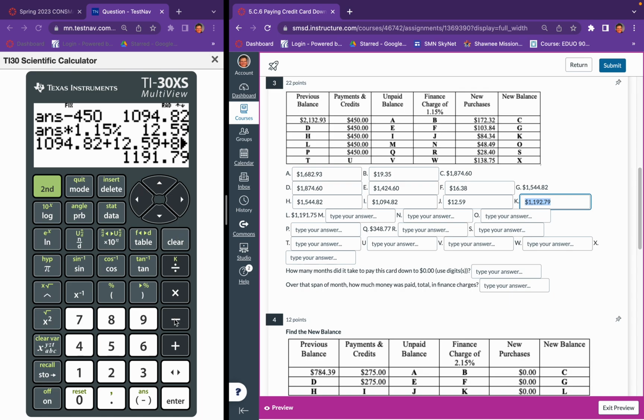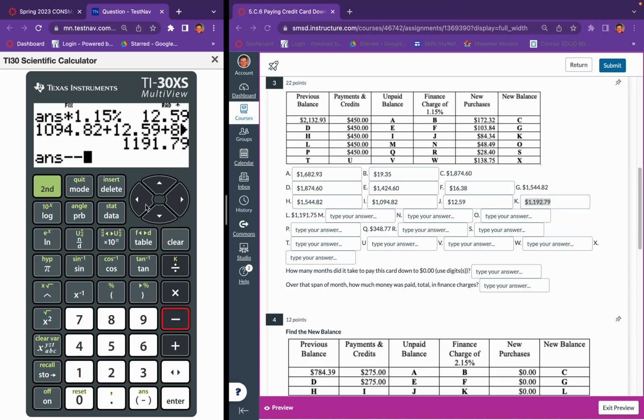Minus the $450 payment. And that's going to get us $741.79. Because we still owe that much money, we have to pay a finance charge.